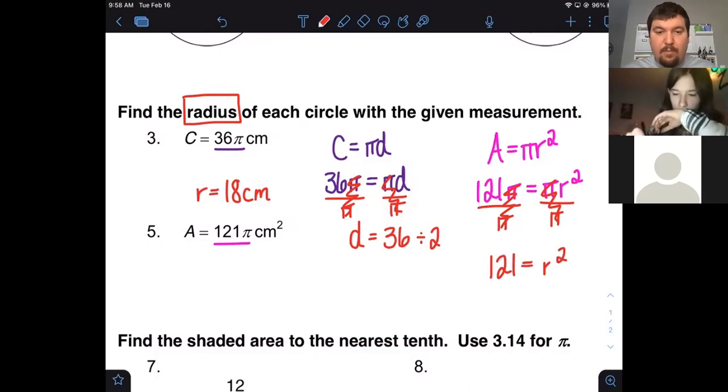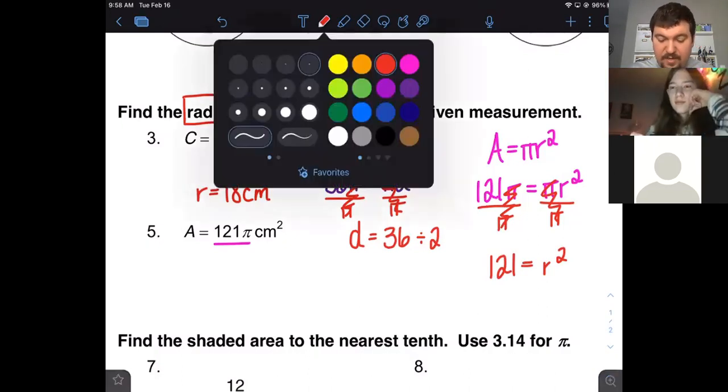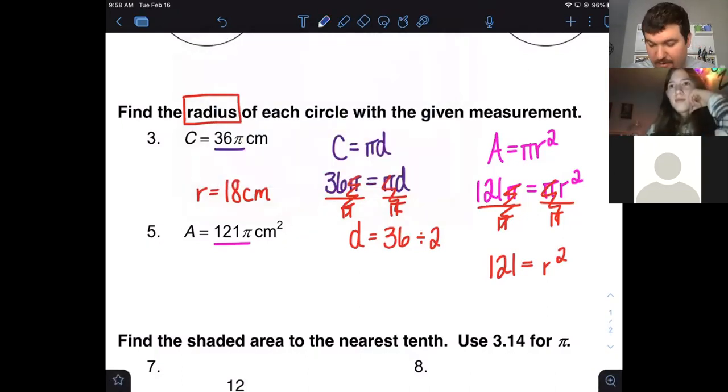Okay, so I'm looking for my radius. I know that the radius squared is 121. So can you guys think of a number that when you times it by itself gives you 121? 11. Nice job, Cadence. Yeah, it's 11. So if you didn't know that it was 11, we actually have a button on our calculator to help with that.